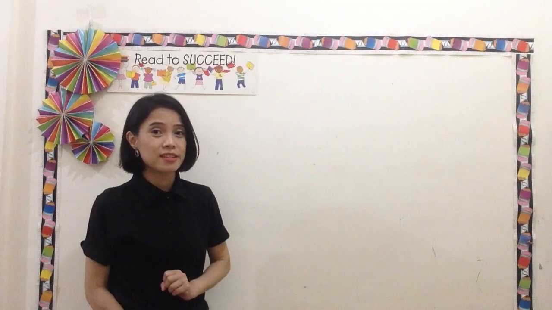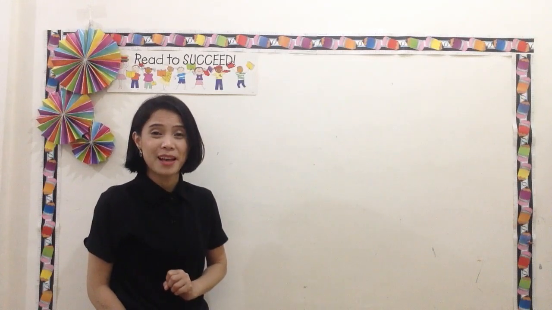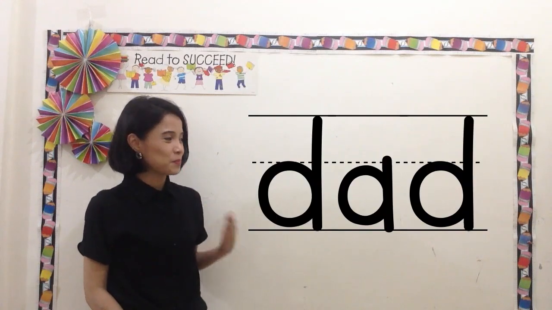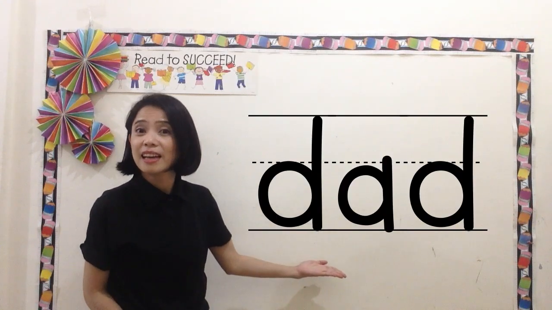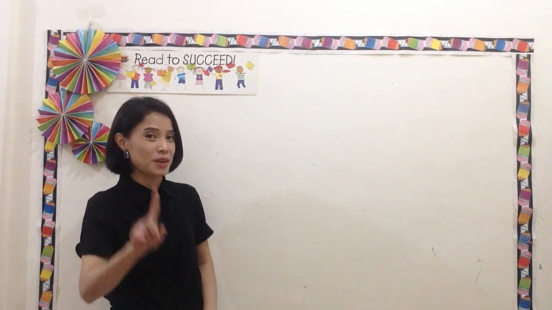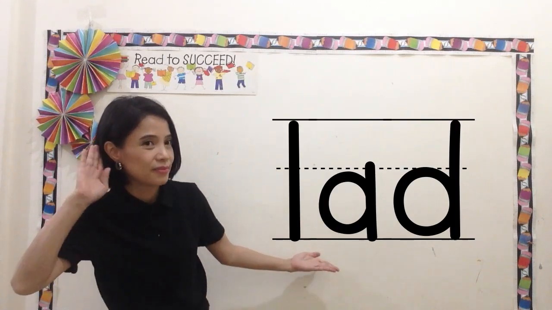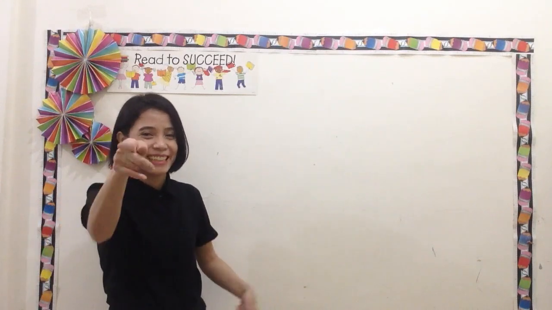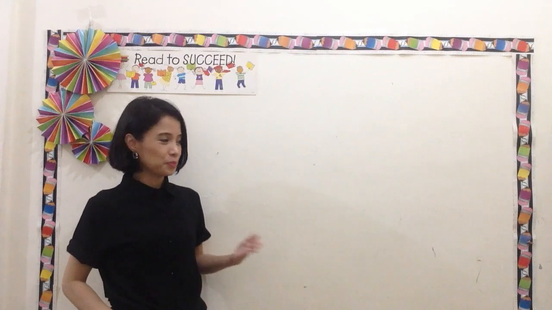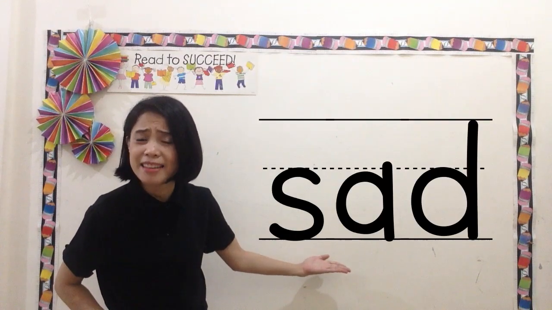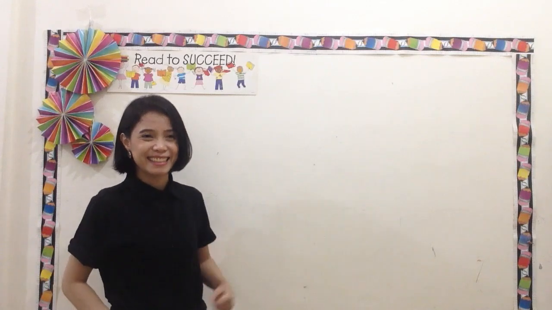Here is the last part. This is the part that you're going to practice by yourself. Try your best. Here is the first one. Dad. Here's the next one. Wow, yeah, lad. And next one is, that's right, sad.